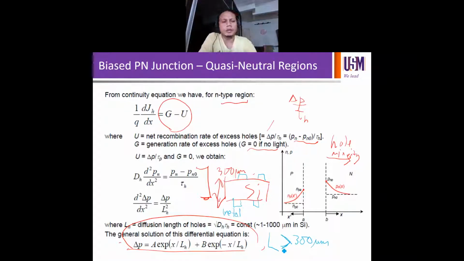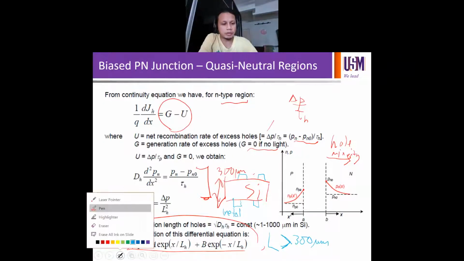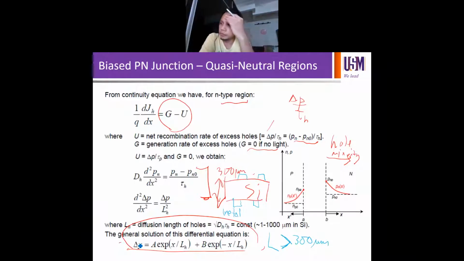Assuming, even though your PN junction, which we're going to see in the next topic or towards the end of this topic, you're going to form a PN junction on the front side, and we have discussed that typically the junction is 1 micron or less.